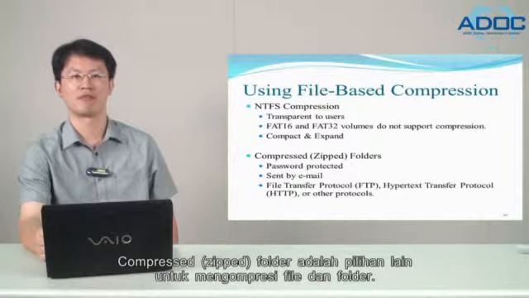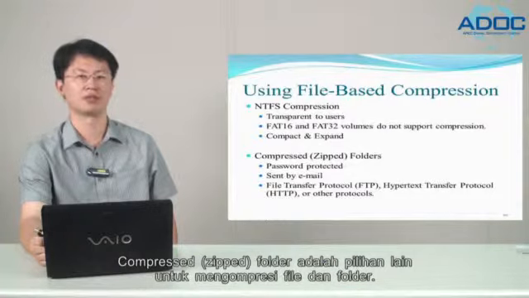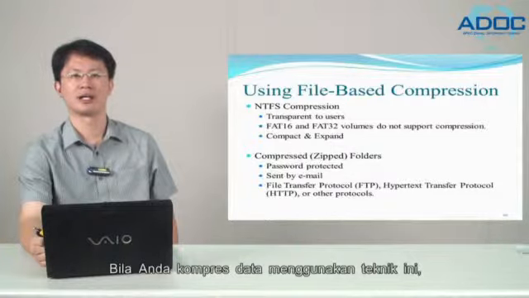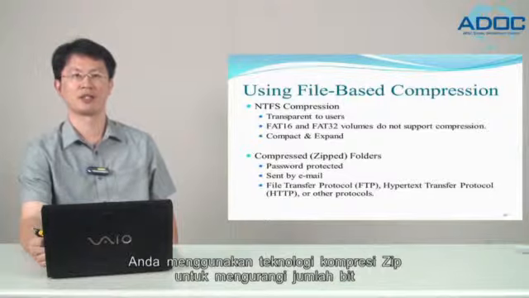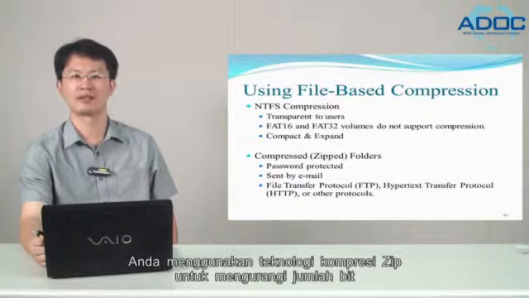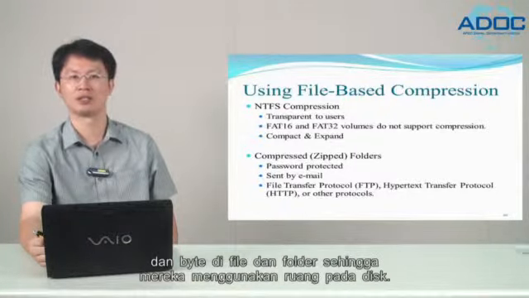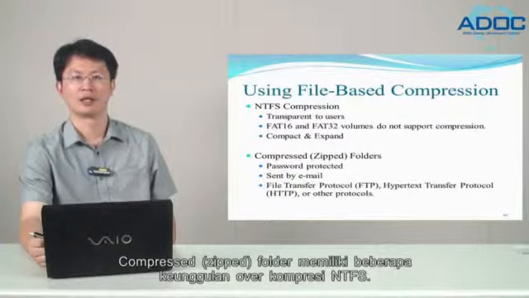Compressed zip folders are another option for compressing files and folders. When you compress data using this technique, you use zip compression technology to reduce the number of bits and bytes in files and folders so that they use less space on the disk. Compressed zipped folders have several advantages over NTFS compression.